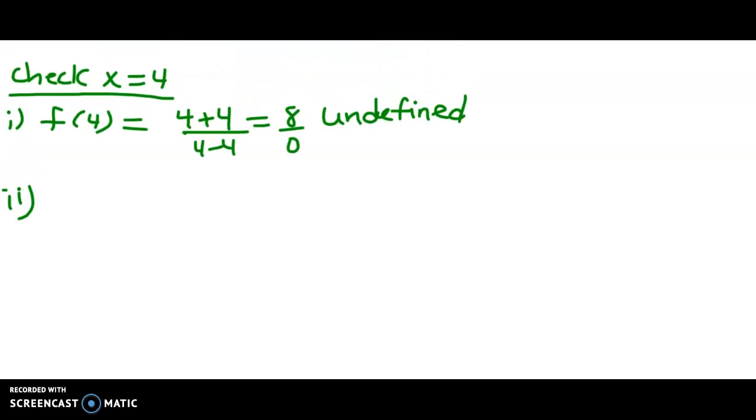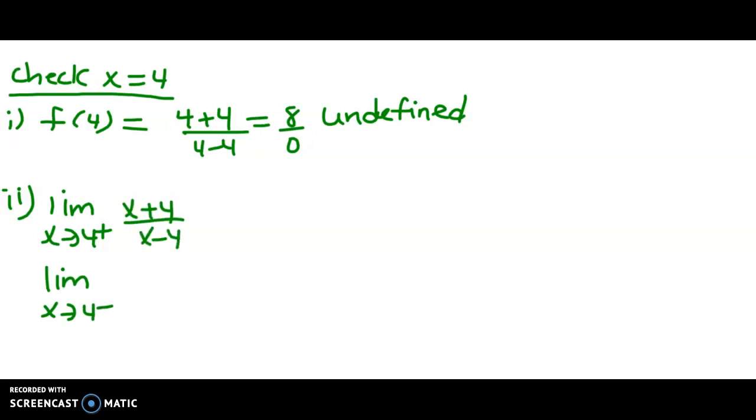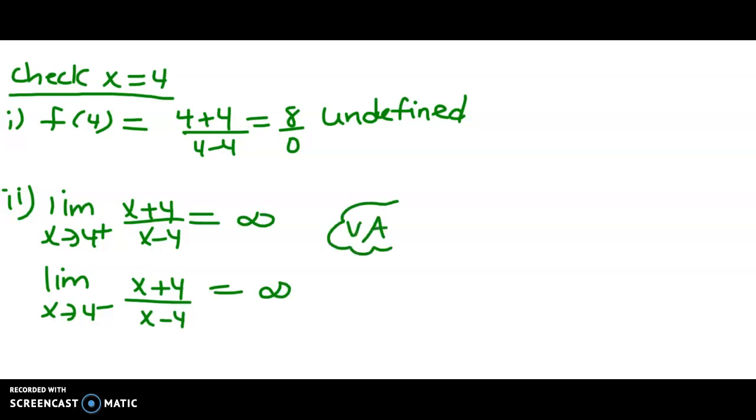Because I know I have an asymptote, I have to check the limit as x approaches 4 to the right and to the left. So 4 to the right of x plus 4 over x minus 4, and the same thing to the left. I know the answers are infinity because I know I have a vertical asymptote. The question is, is it positive or negative?